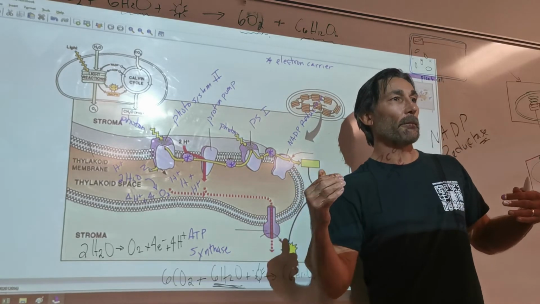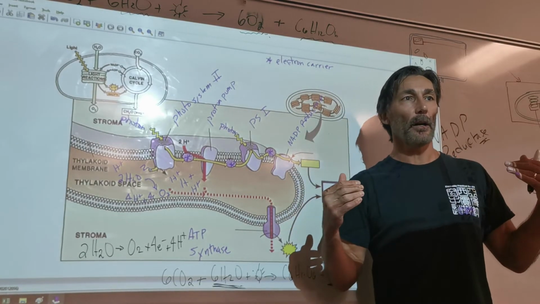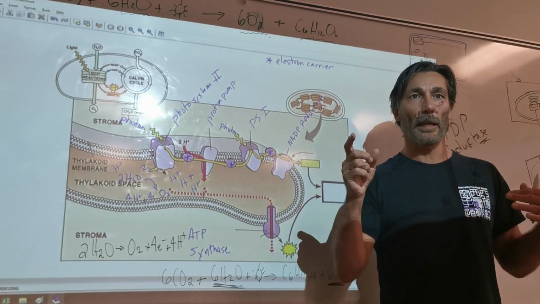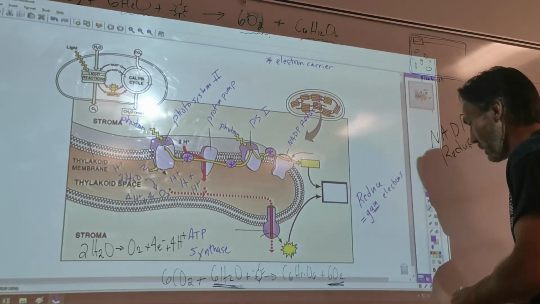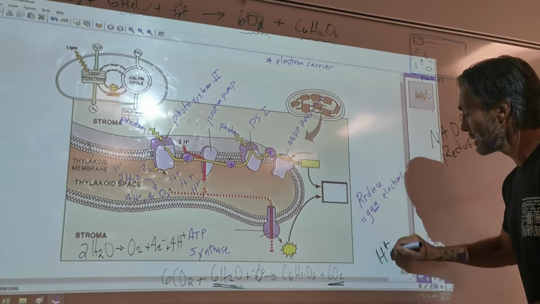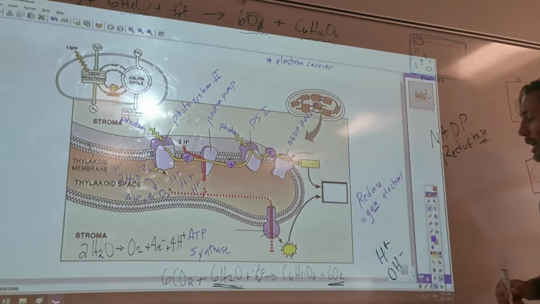Anyway, anytime you have a bunch of water, some of the waters are split up into H's and OH's, specifically hydrogen ions and hydroxide ions.